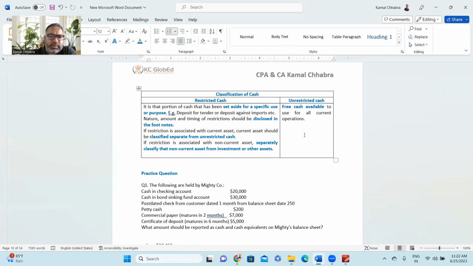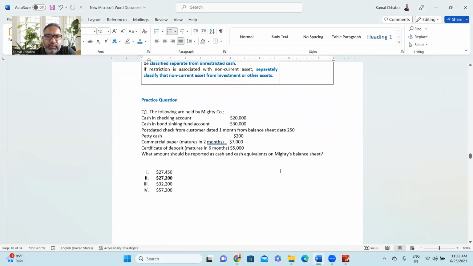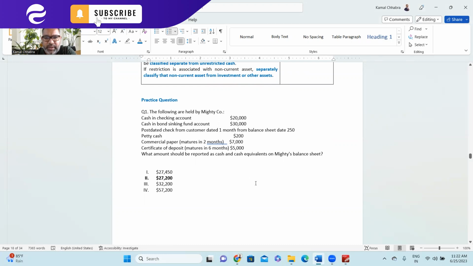Right? So let's do a practice question here. The following are held by Mighty Company: cash in checking account, cash in bond sinking fund account $30,000, post-dated check from customer dated 1 month from the balance sheet date $250, and petty cash $200, commercial paper 7,000, certificate of deposit 5,000.